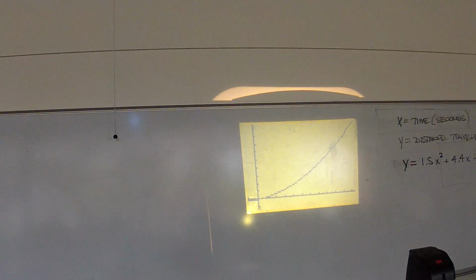it pulls up X list L1 and Y. Oh, wait a minute, let me turn that off. That's a bug that I have to change. Cool? Alright. Is anybody else's TI 84 not behaving?